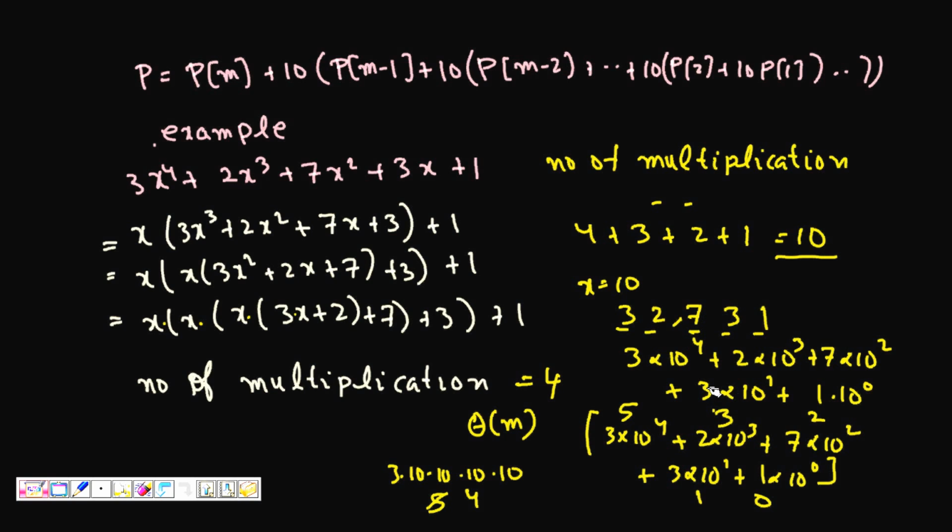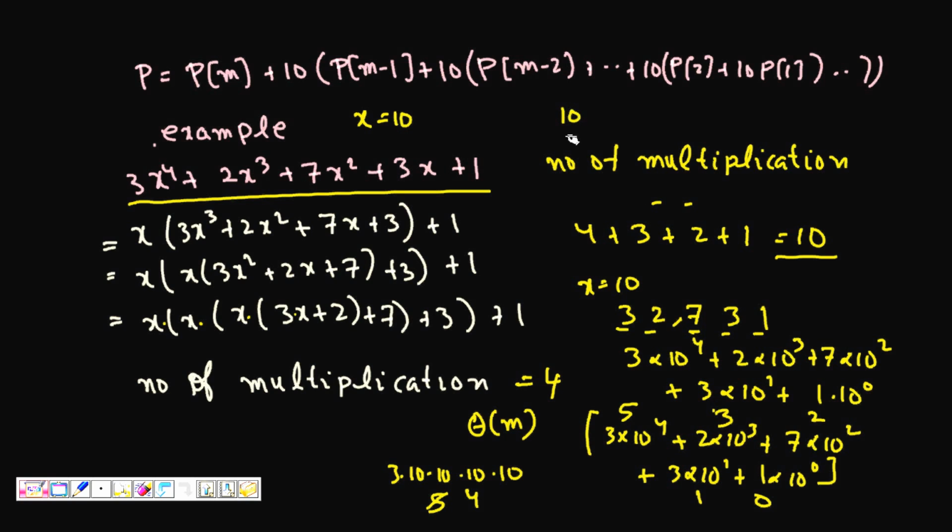But what does Horner's rule do? It is a beautiful method. Basically we were evaluating this polynomial where we put the value of x equal to 10, and if we do it in a general way we needed 10 multiplications.